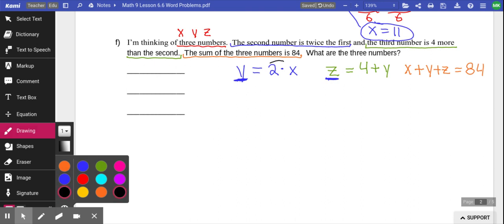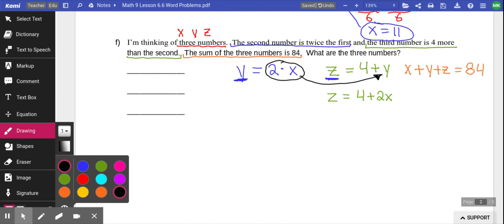So I'm going to take this 2 times X and substitute it into the green equation for Y. That'll change Z to be Z equals 4 plus 2X. And now I have Y in terms of X and I have Z in terms of X. I can make both of those substitutions into the orange equation.